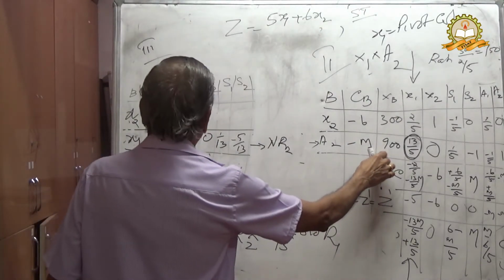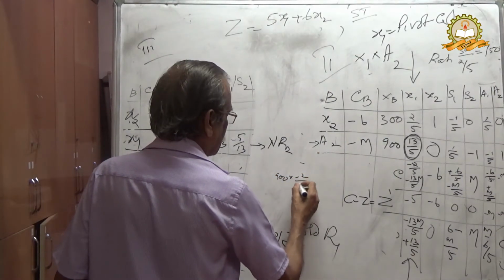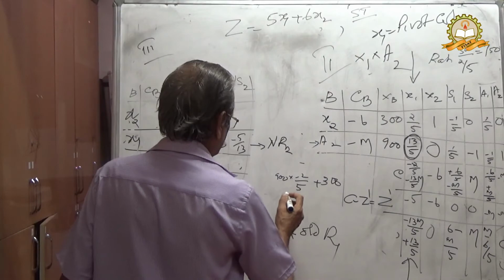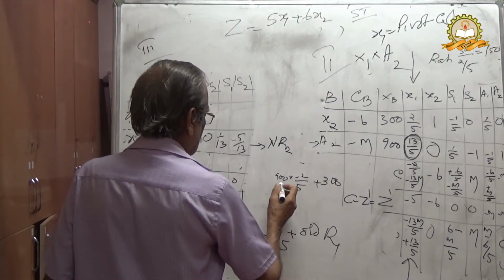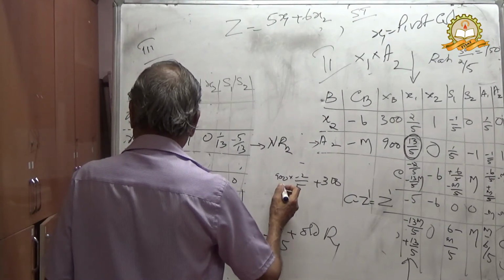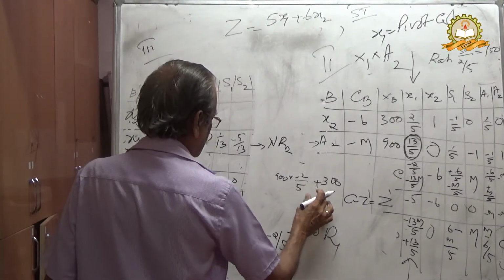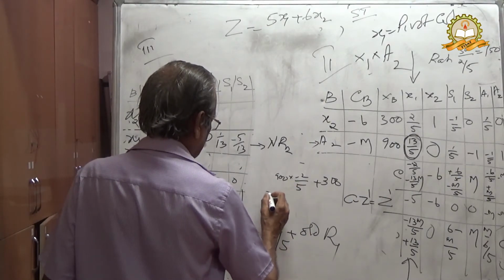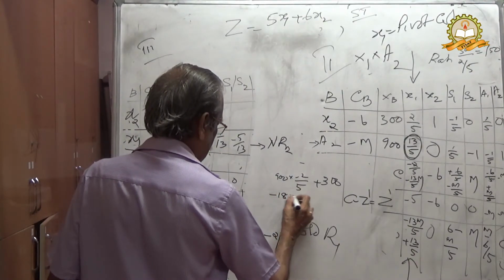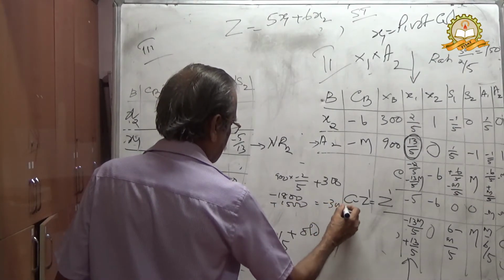Then you have 900 into negative 2 by 5 plus 300. So you have minus 300 by 5.